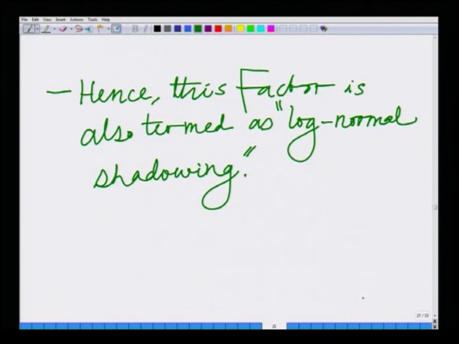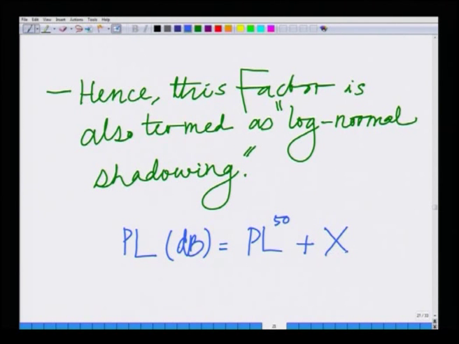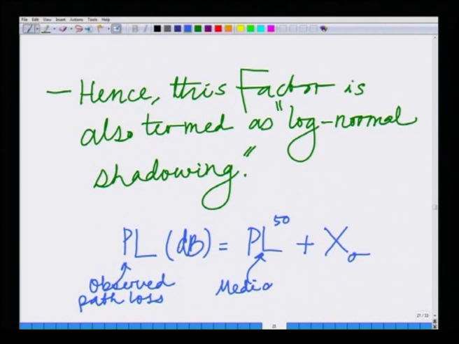So, what we are saying is that the actual observed path loss in dB is equal to the median path loss plus a log normal shadowing factor. So, this is the observed path loss, this is the median path loss, and this is the log normal shadowing factor.